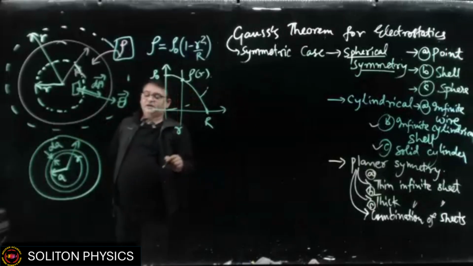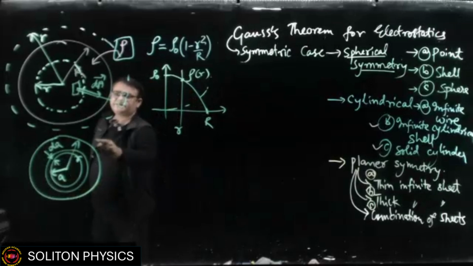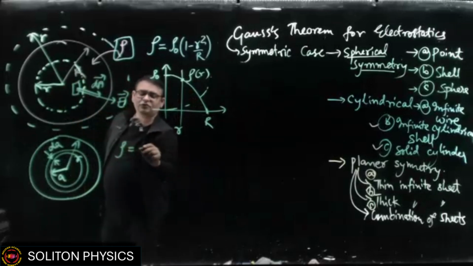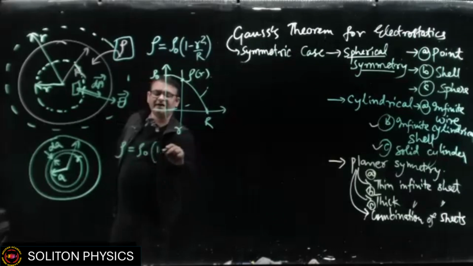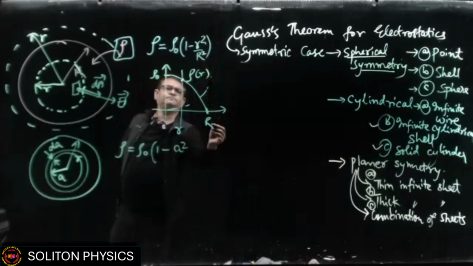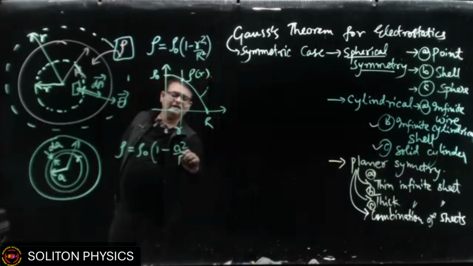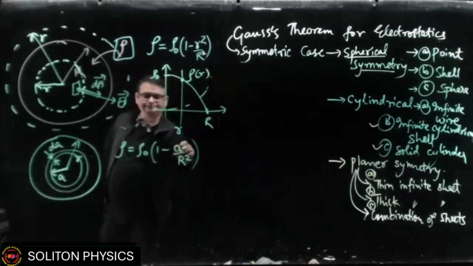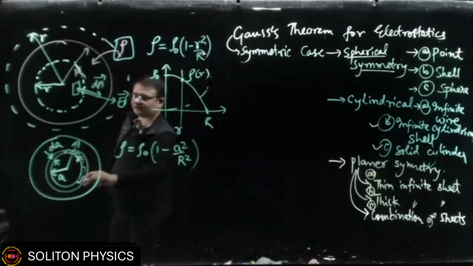My interest is to get the charge inside this small r. Now my density rho is rho naught times (1 minus a square by R square). Let's take it like this. And so how much is the charge in this shell?